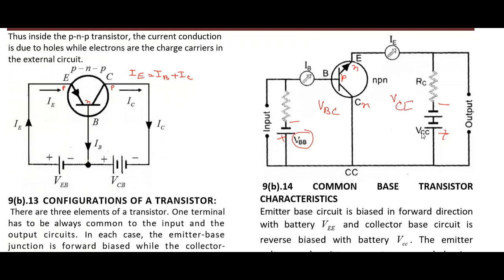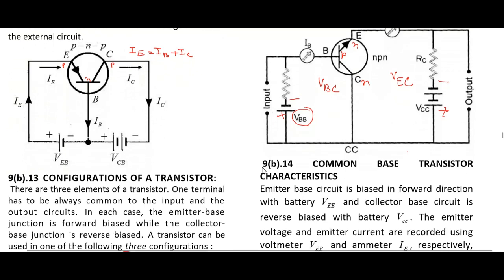No, opposite, VEC, because the common part is collector. The notation is that common comes after. So again this is V, on the top I have E, and then this is C. VEC.